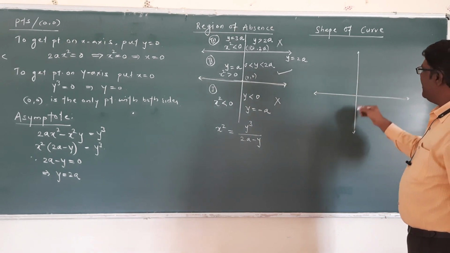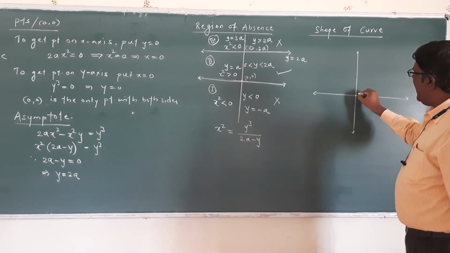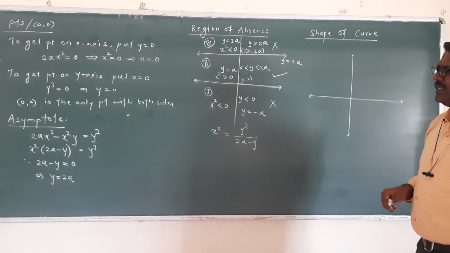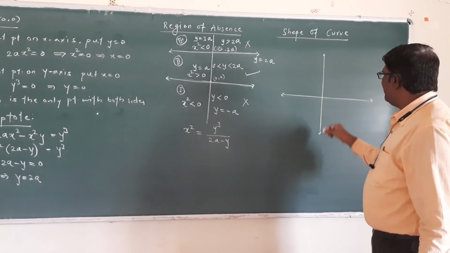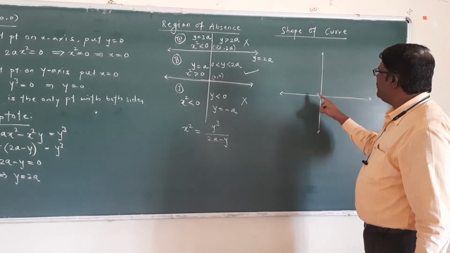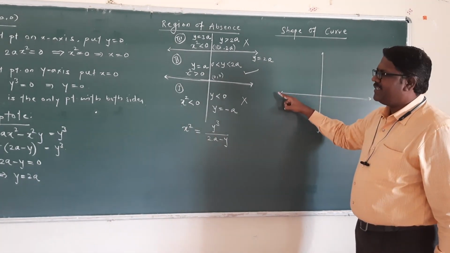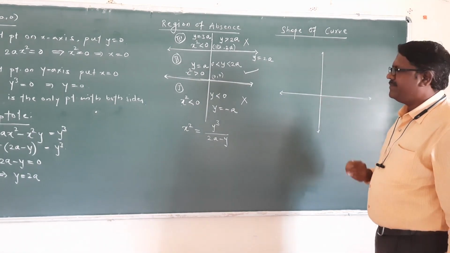Yes, for the given curve the origin is present, so I will represent this origin as a dot. At the origin, in the second point, we got the equation of tangent as x is equal to 0. So the y-axis is the tangent at the origin.